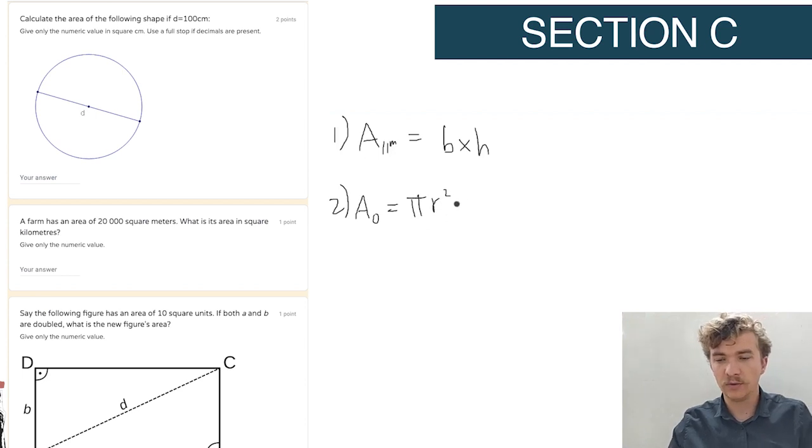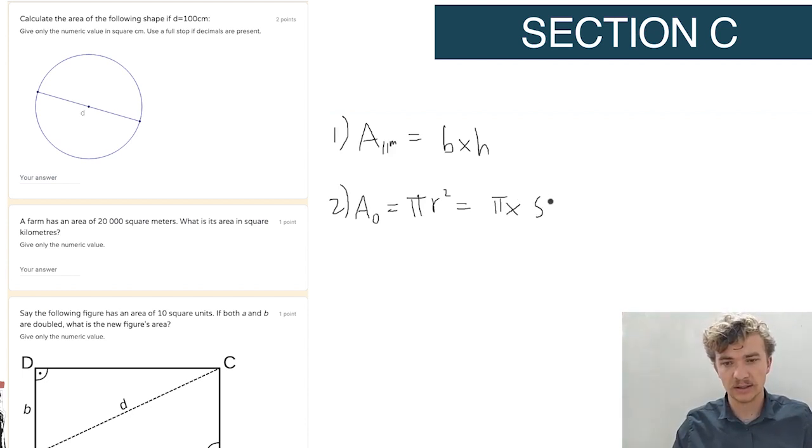Now, the formula we have for the area of a circle is pi times the radius squared. And that is equal to pi times, now if D is equal to 100 centimeters, D is the diameter, then the radius is equal to 50 centimeters.